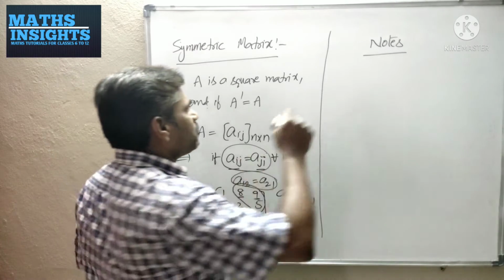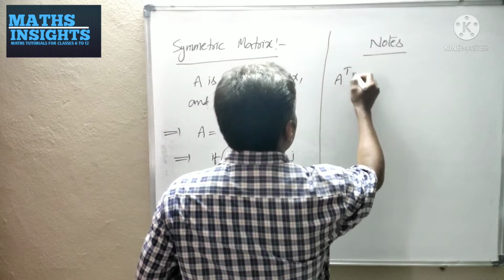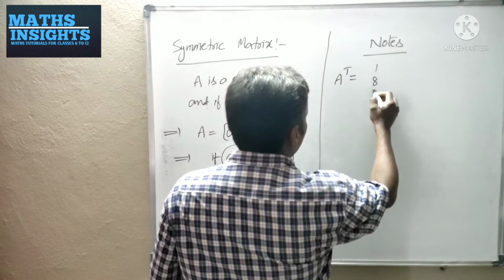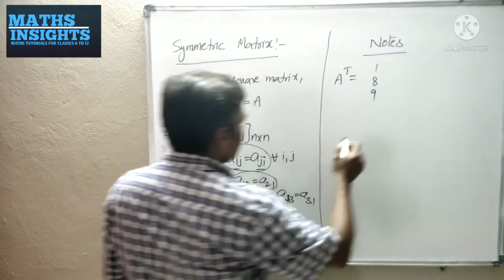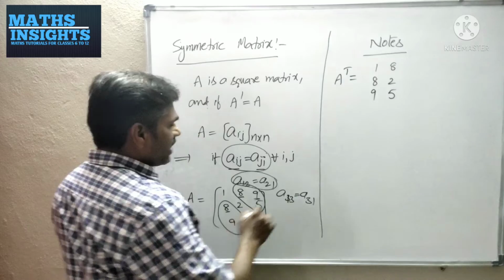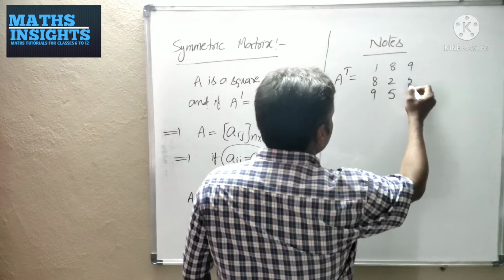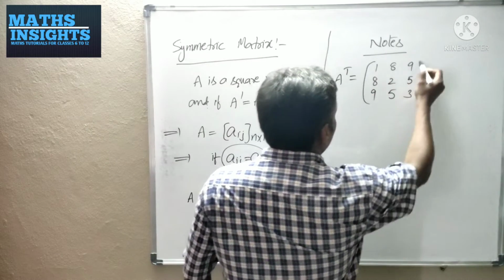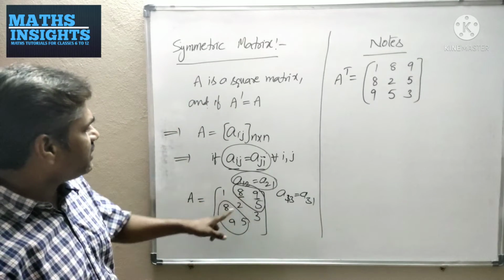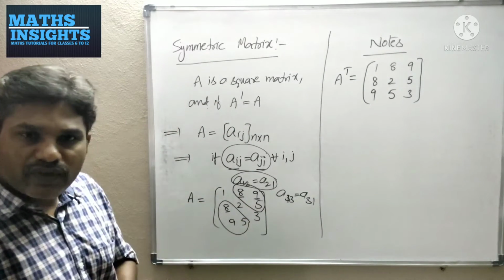If you do transpose for this, A transpose is: first row written as column 1, 8, 9, second row 8, 2, 5 written as second column, third row 9, 5, 3 written as third column. If you observe, are you getting the same matrix again or not? 1, 8, 9, 8, 2, 5, 9, 5, 3.